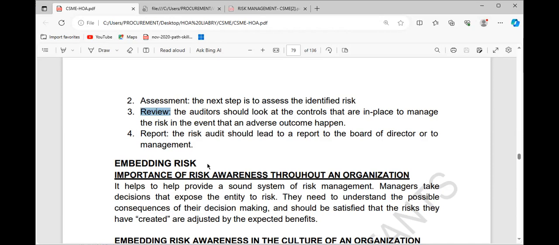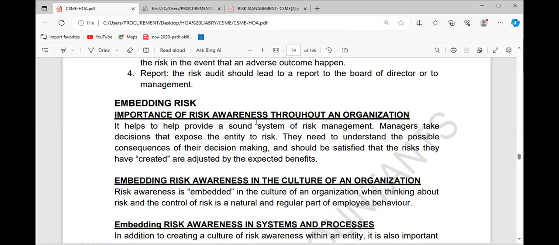Now, embedding risk. Importance of risk awareness throughout an organization. Some organizations don't want to hear about risk because they are always positive. They don't want to hear about negative things at all. So it helps to provide a sound system of risk management. Managers take decisions that expose the entity to risk.